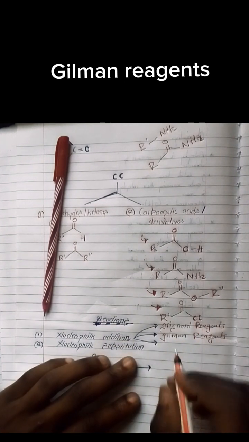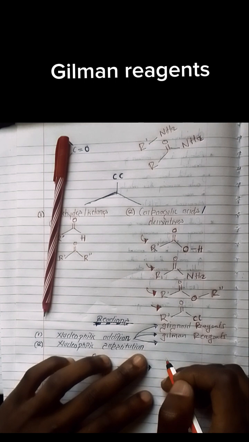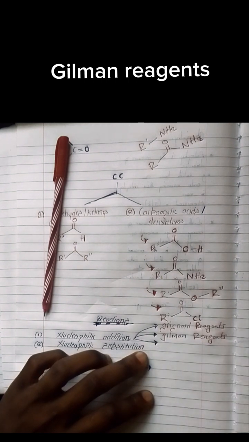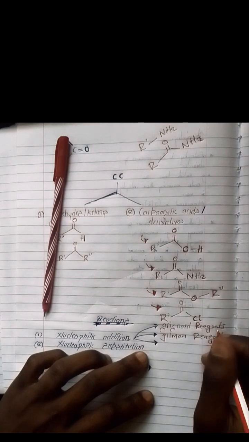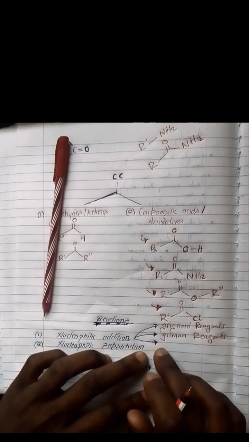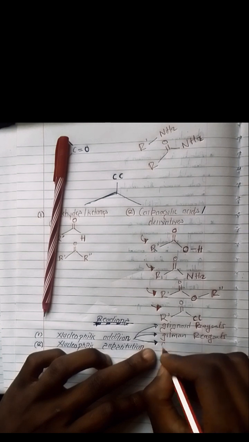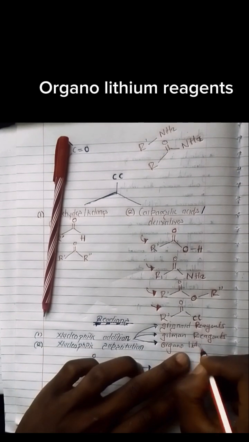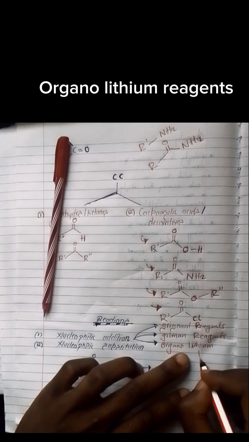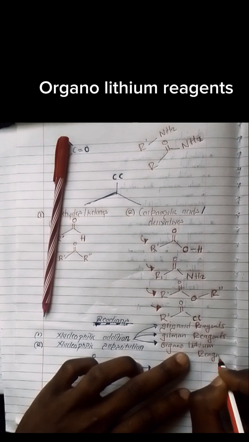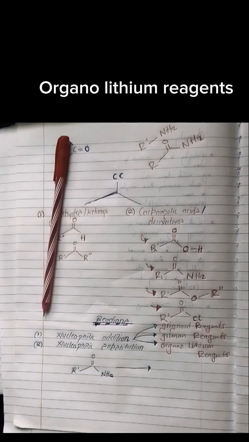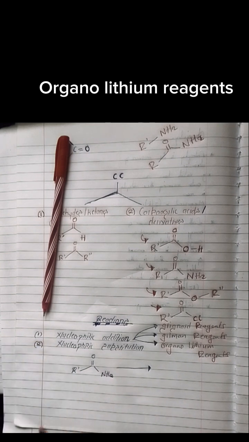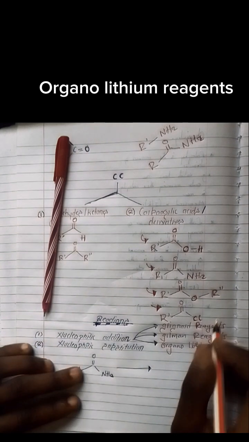And then, let's say, organolithium reagents. So these are the three examples of compounds that can react and do a nucleophilic addition reaction.